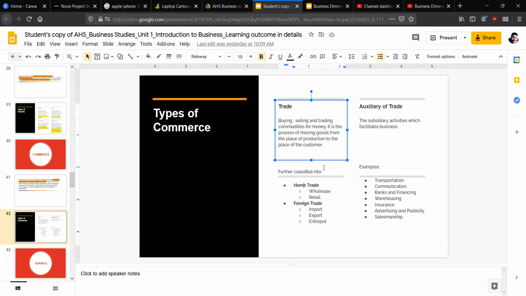Okay, for example, if Apple iPhone 12 is available in Nepal, my suggestion would be that you stick to your home country. So if Apple iPhone is made, for example, in China and it's available in Nepal, take a look at this. Is Apple iPhone made in Nepal? If no, then it's being imported from another country.